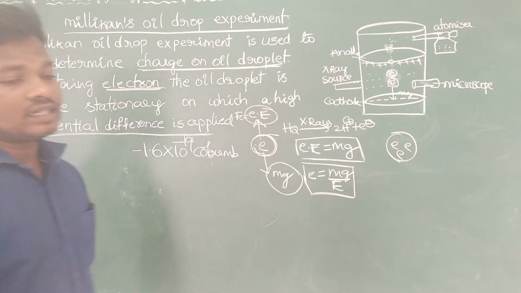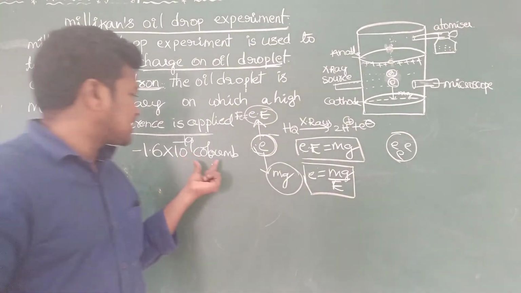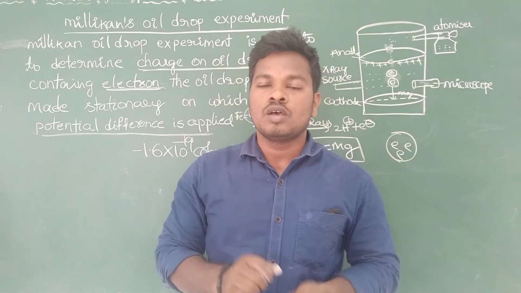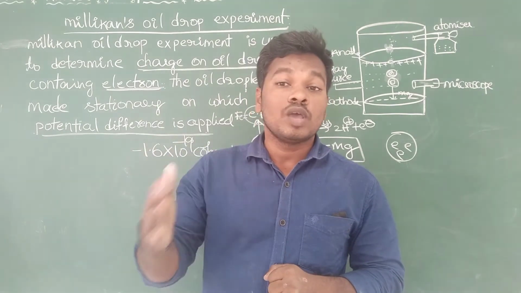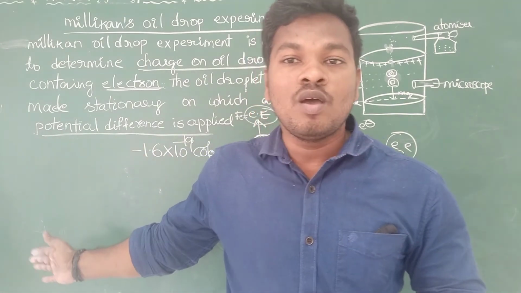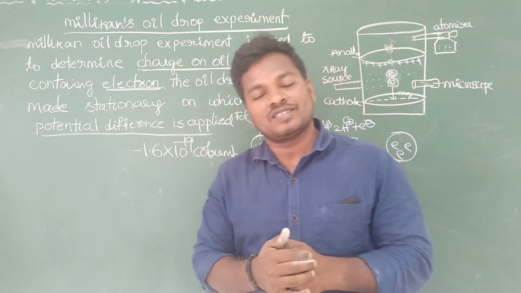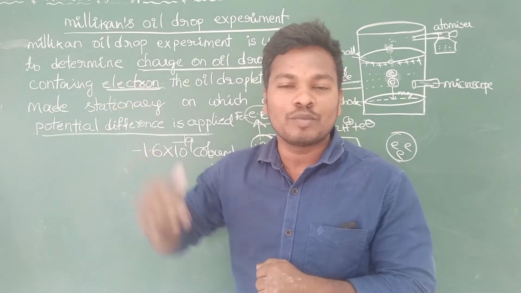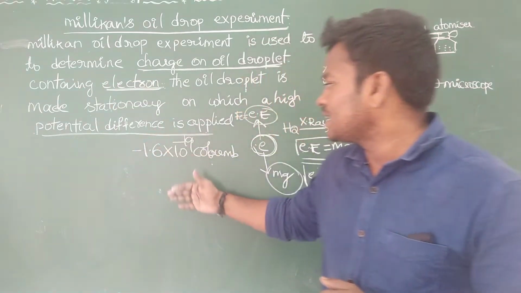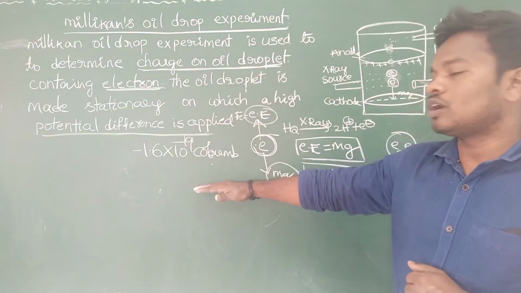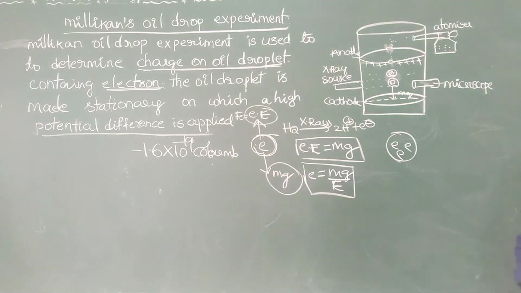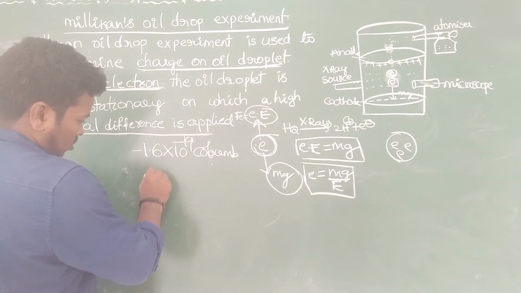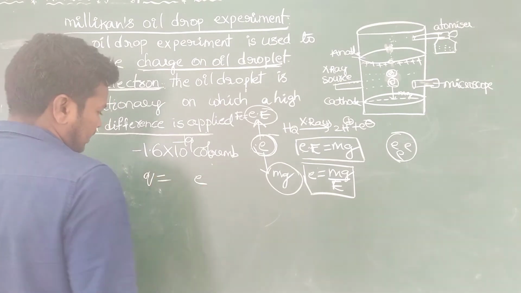So that time, how will we calculate it? Just this has to be multiplied by the number of electrons. If two electrons are present, you have to multiply 2 with 1.6 into 10 to the power of minus 19. If 3 are present, you have to multiply 3 into 1.6 into 10 to the power of minus 19. Just you have to multiply. Charge is equal to E, the electrical charge.